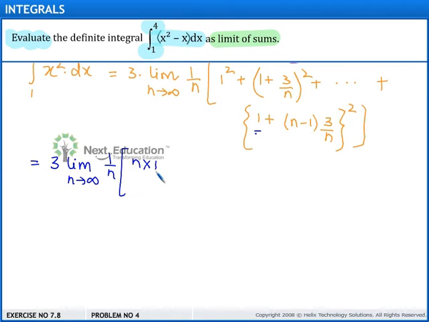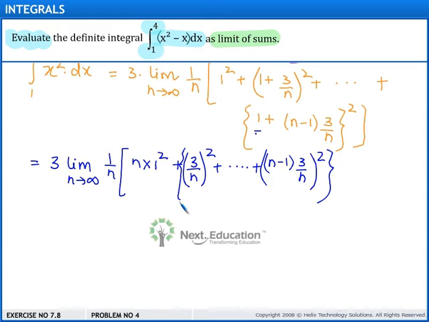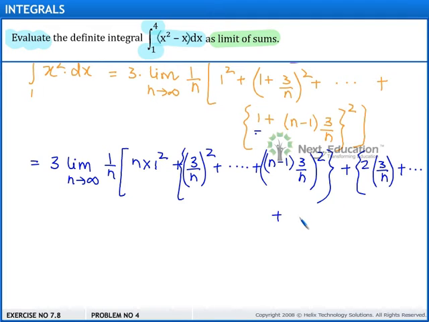So we have n times 1 square, plus then we have (3 upon n) whole square, plus so on up to, from here we get ((n minus 1) into 3 upon n) whole square, plus then we have 2 times 3 upon n, plus so on up to 2 times (n minus 1) into 3 upon n.